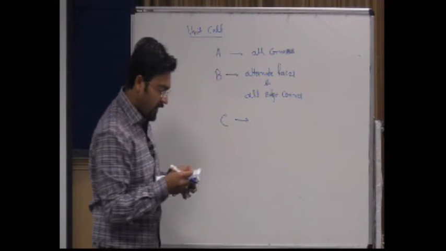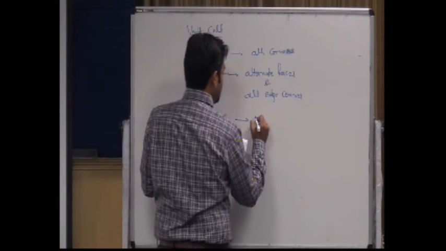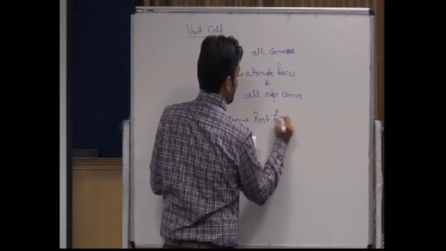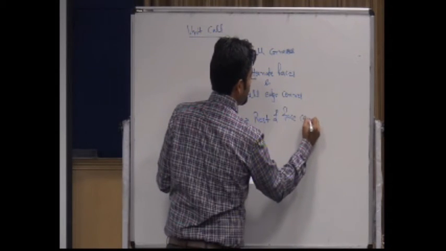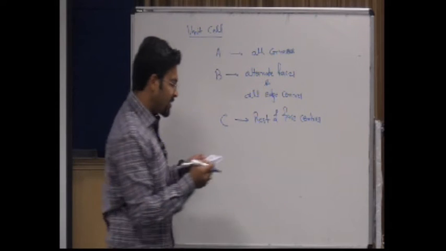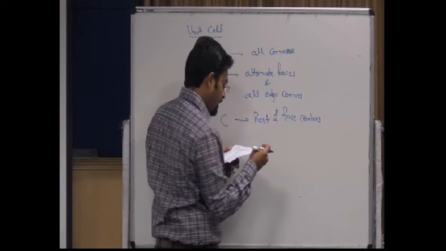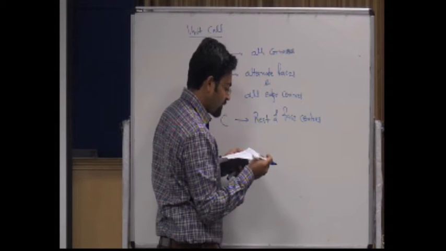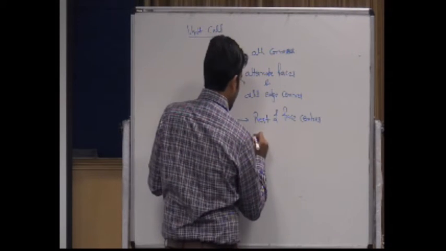Atom C are present at the rest of the face centers and one at each body diagonal at a distance of 1/4 of the body diagonal from the corner.